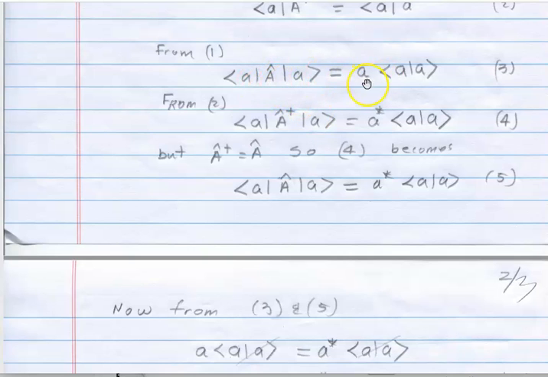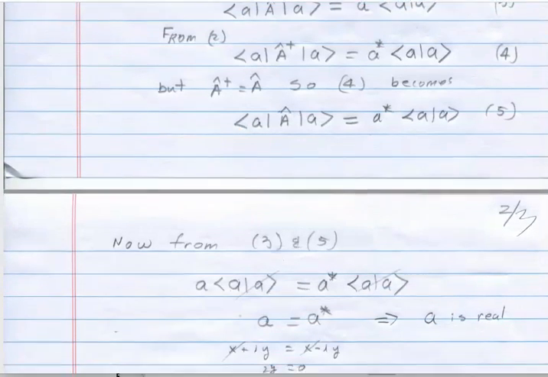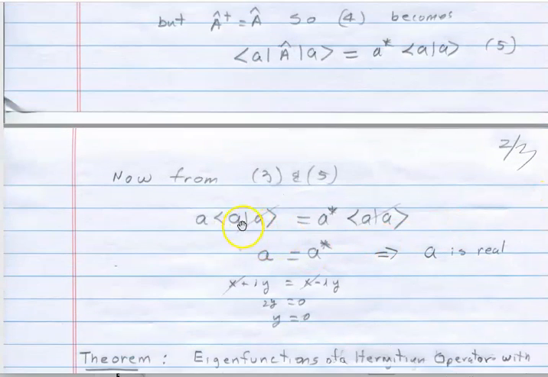A dagger A. So this side is this, and it's got to be equal to this side, which is this, and then the two inner products of the eigenstate with itself, those are going to be the same complex number, so I can divide those out, and then I find that A has got to be equal to the complex conjugate of A. So these are the eigenvalues.